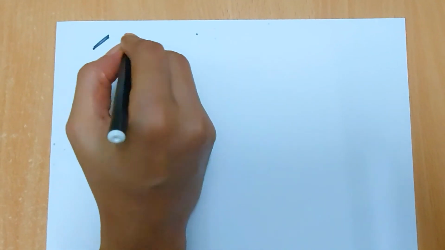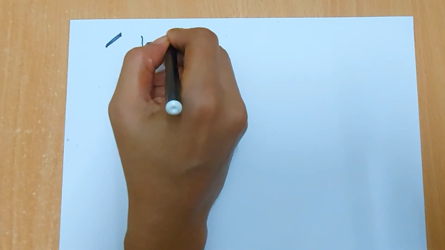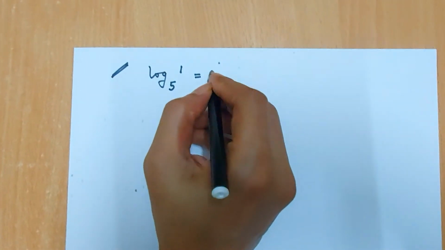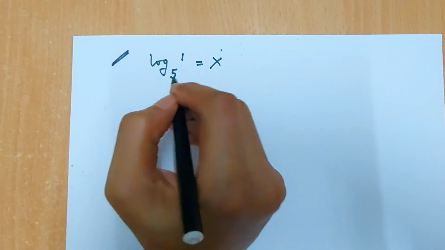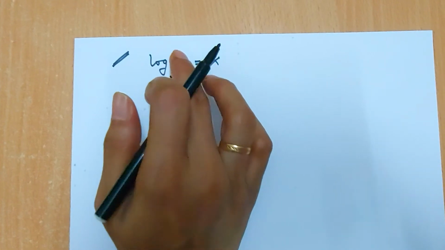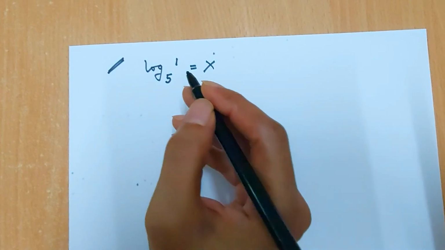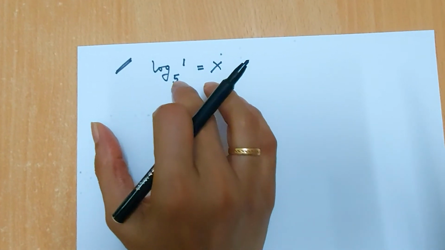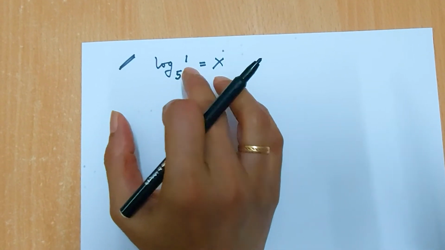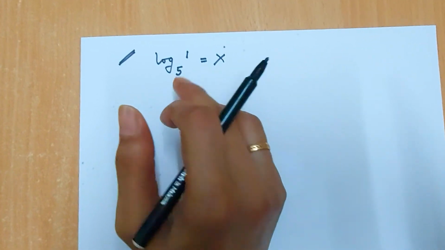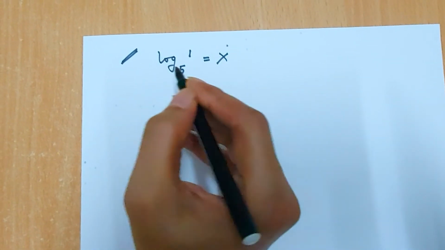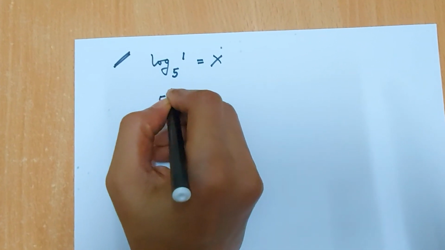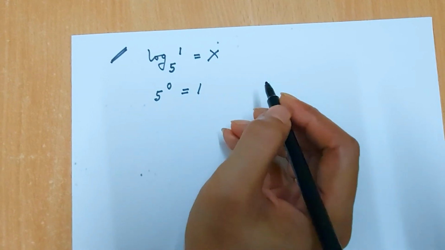Another one I am solving: log of 1 to the base 5 equal to, say, x. We know from power rules that any non-zero base raised to power 0 equal to 1. That means 5 to the power 0 equal to 1.